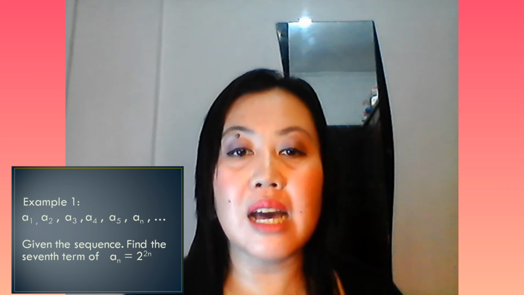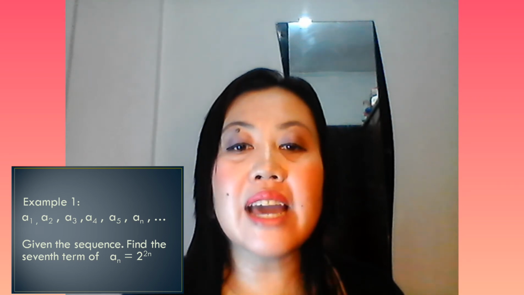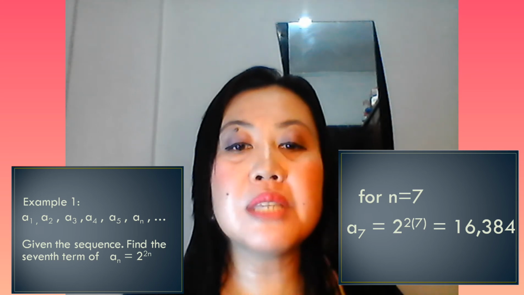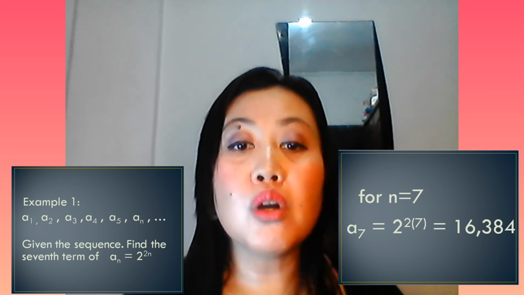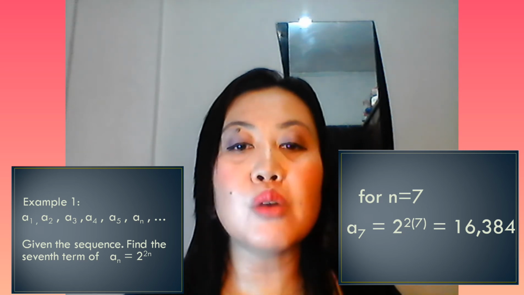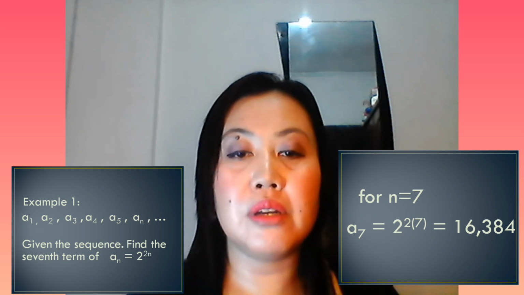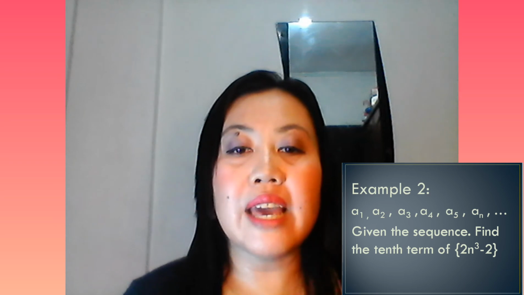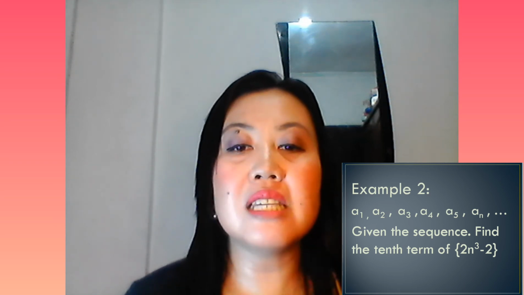To solve this, let's assign the value of n, which is equal to 7. So a sub 7 is equal to 2 raised to 2 times 7, which is equal to 16,384.